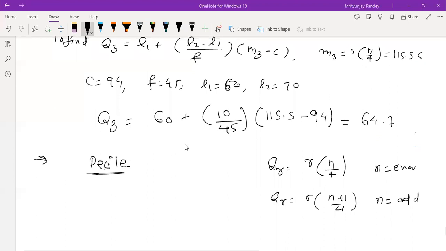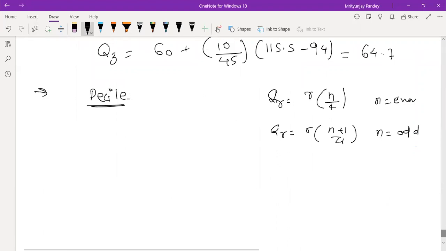similarly, if you want to calculate decile, decile is nothing but dividing the data into 10 equal parts. So Dr, D for decile, divided by what? For 4 equal parts we divided by 4, now divided by 10, that's it.